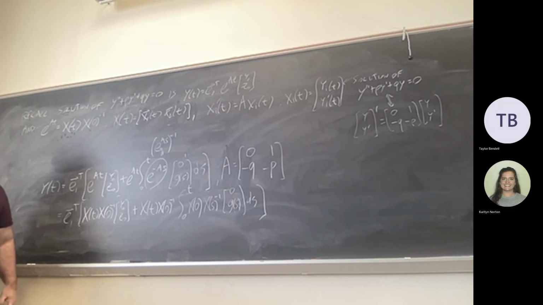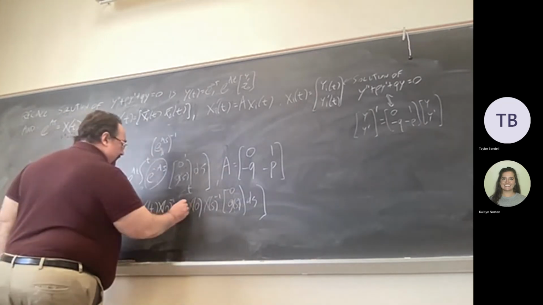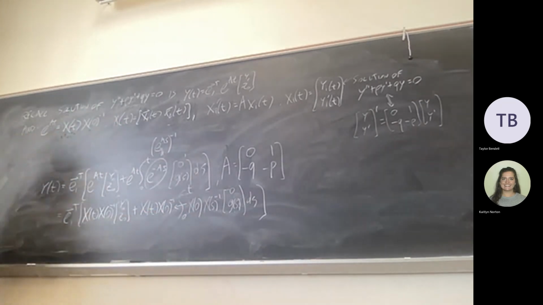Now keep in mind, anything that does not depend on s, you're allowed to pull out of the integral. So you can pull out the x of 0. Yeah, so this I can factor out. But once I pull it out, then what happens?